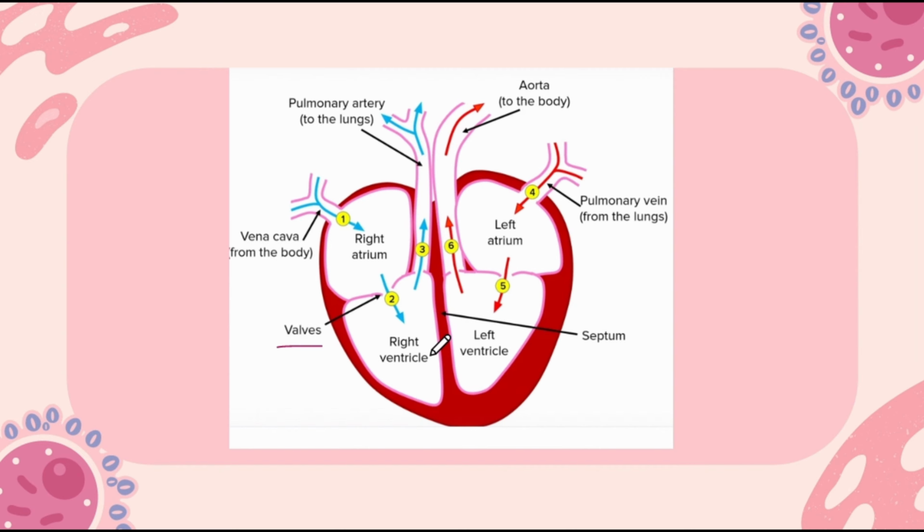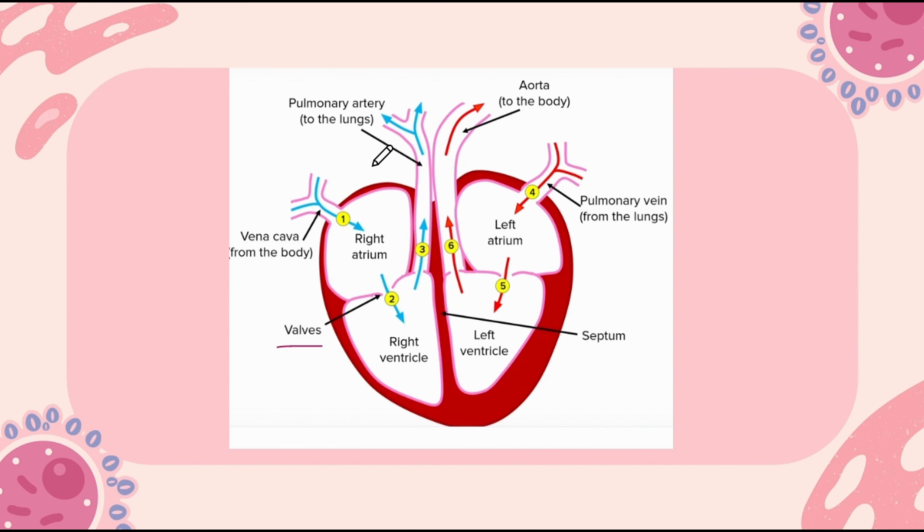When the right ventricle pumps the blood to the pulmonary artery and all the blood enters the pulmonary artery, the pulmonary valve or the semilunar valve closes because it prevents the backflow of the blood to the right ventricle.